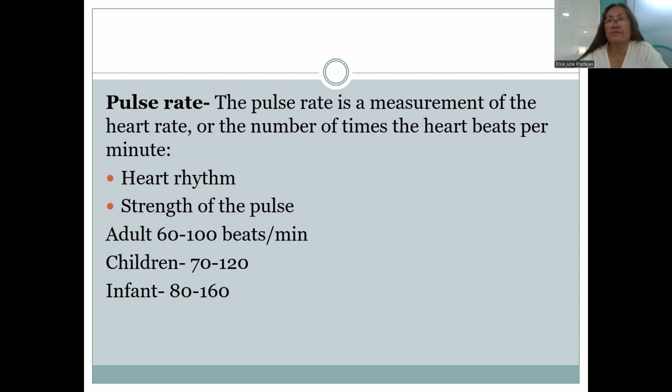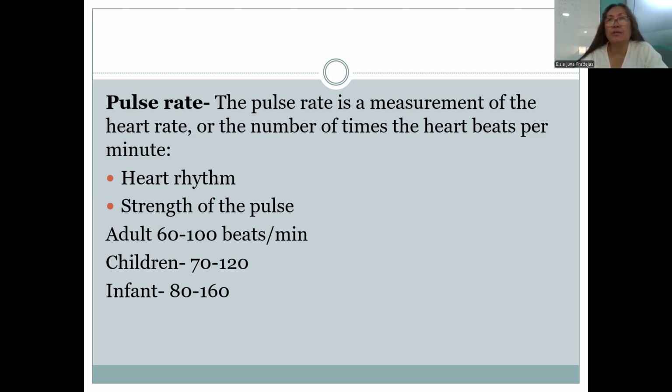Now, the second vital sign is pulse rate. The pulse rate is a measurement of the heart rate, or the number of times the heart beats per minute. So you have to measure the heartbeats in 1 minute or 60 seconds.